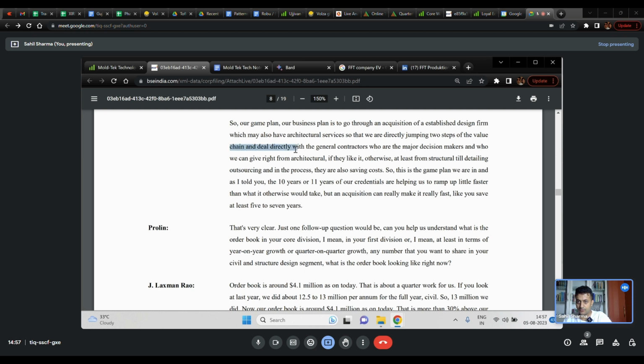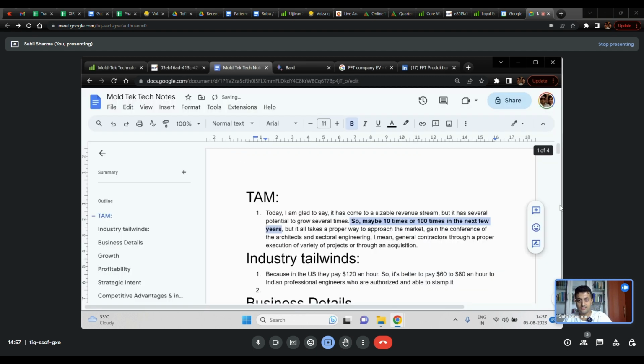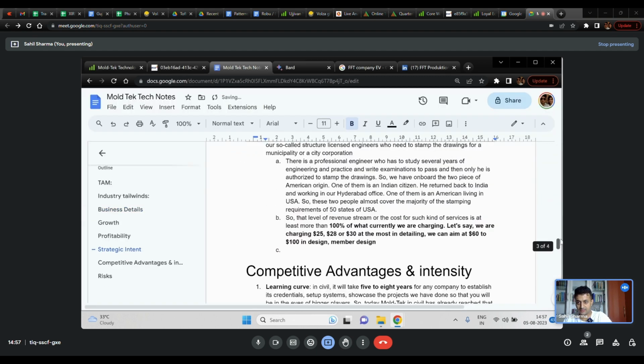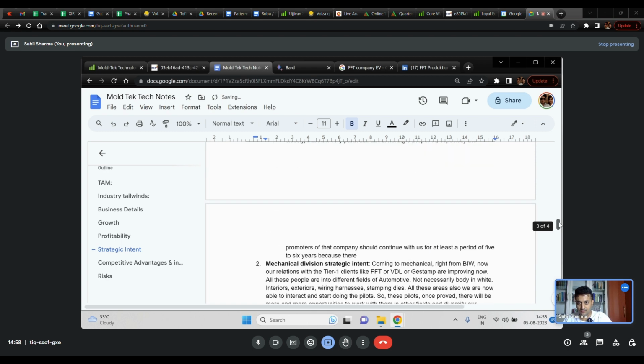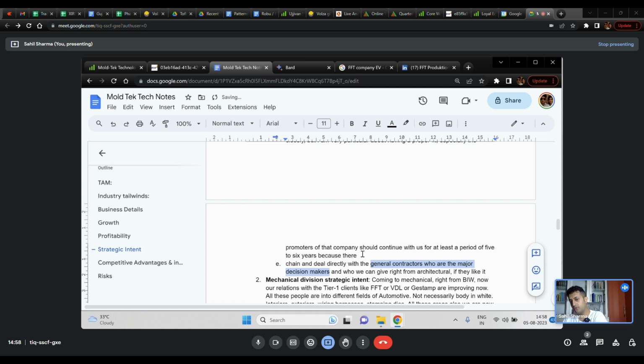This is important part of it, that I think this should also go in strategic intent under acquisition. They want to go closer to the general contractor who are the major decision maker, or basically the if you look at why Asian Paints has succeeded, it's because they have managed to convince the painter to use their paint.